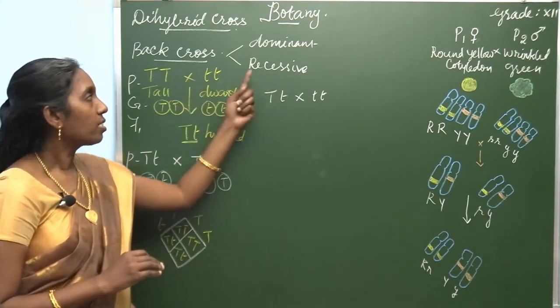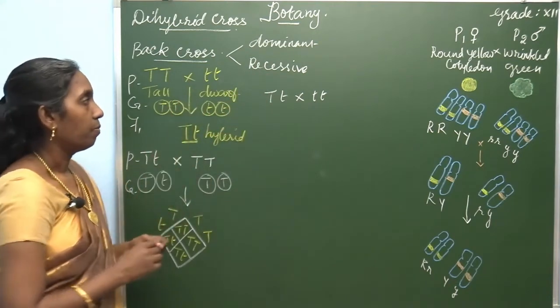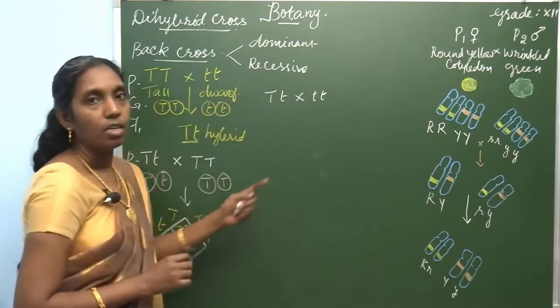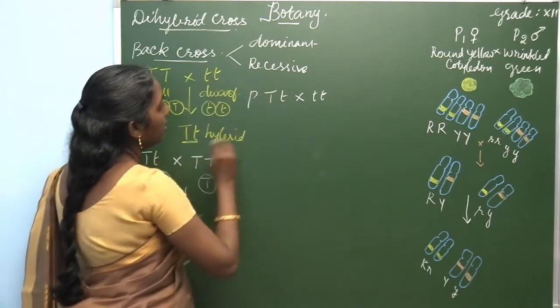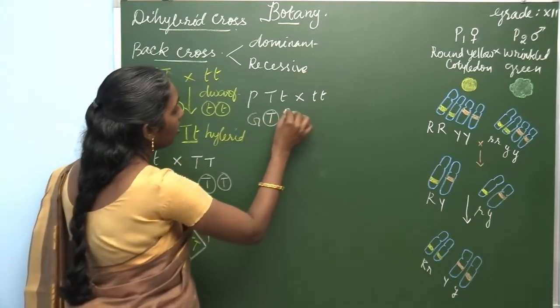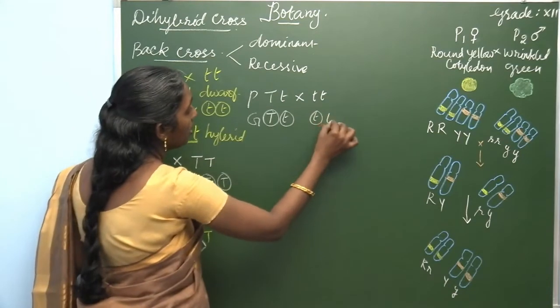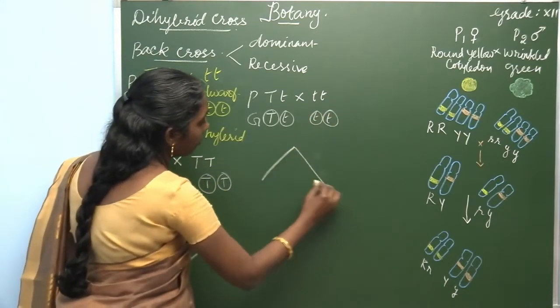If the parent is recessive, it is recessive back cross. Now, this is the example of recessive back cross. This is the parent. What are the gametes present? Capital T, small t, here small t. So, let us draw it in the form of checkerboard.